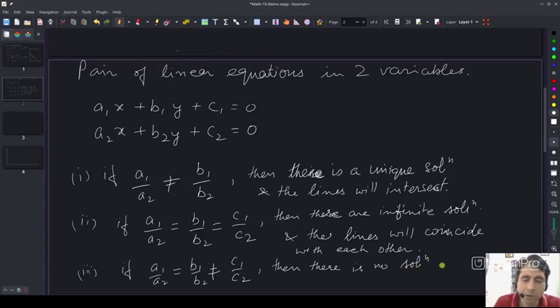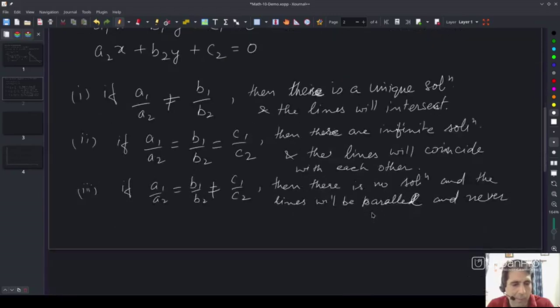And when we have no solutions, the equations are called inconsistent, and the lines will be parallel and never intersect with each other.